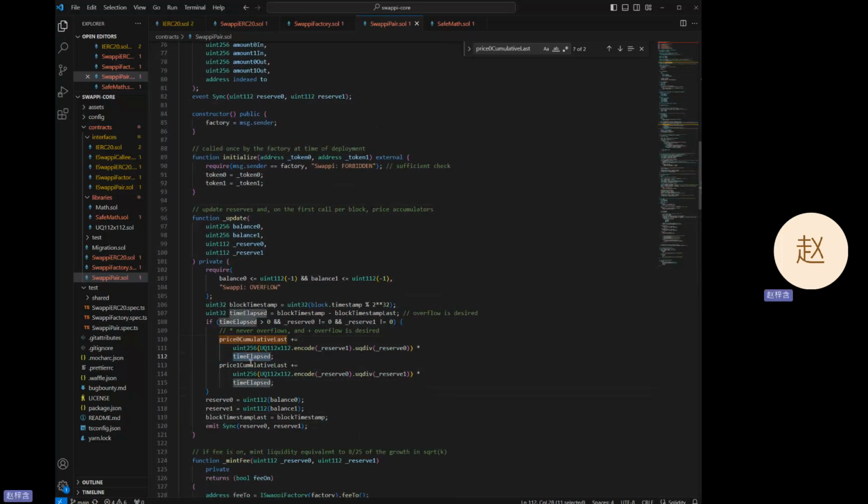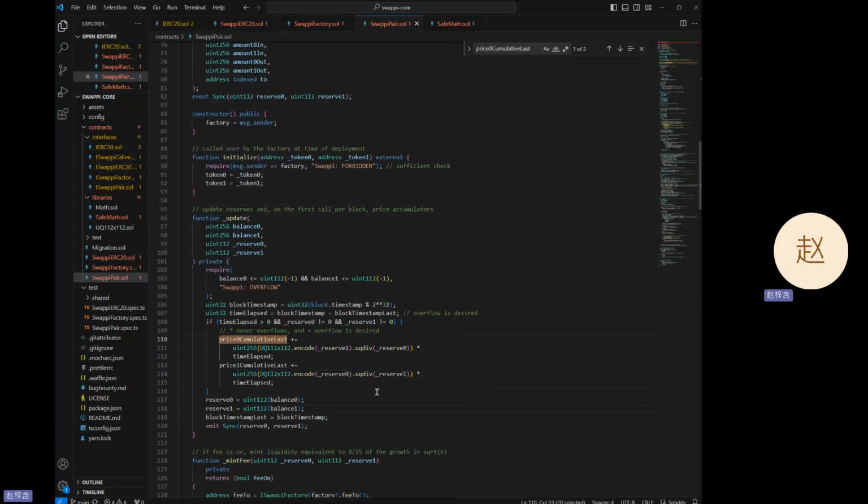Times the time elapsed, and use the ratio between reserve 1 and reserve 0, or reserve 0 divided by reserve 1. So here we use an encode function, just to make the mathematical calculations pass compilation.